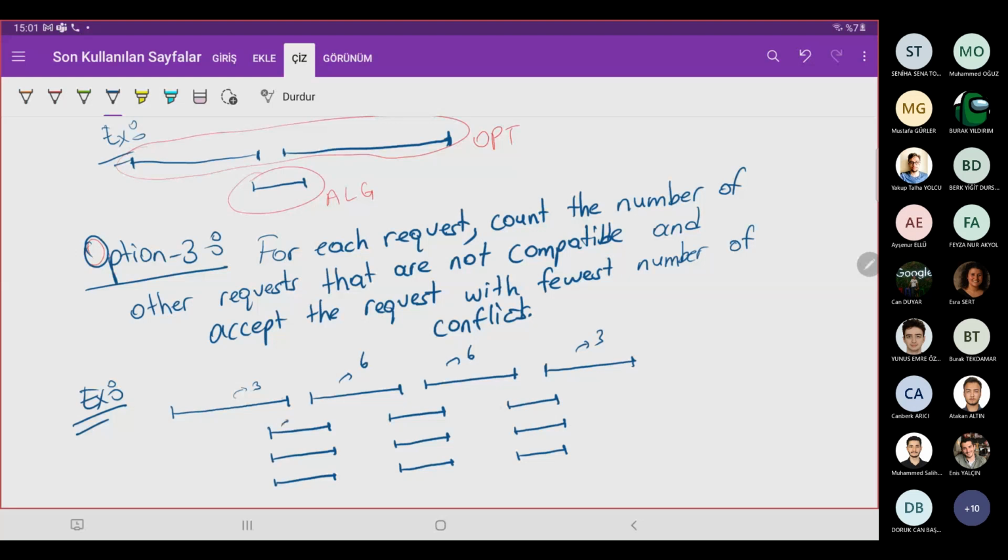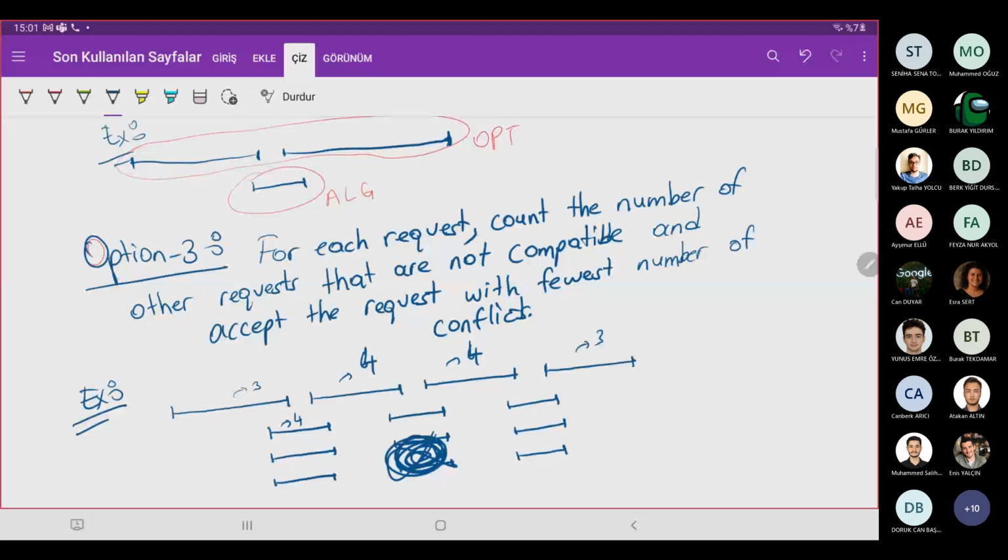Yes, 4 conflicts. Sorry, forget about these. We don't have these requests. Okay, sorry. So this is not 6. This is 1, 2, 3, 4 again. This is 4 again. This is 3. Okay. So this is 1, 2, 3, 4 conflicts.